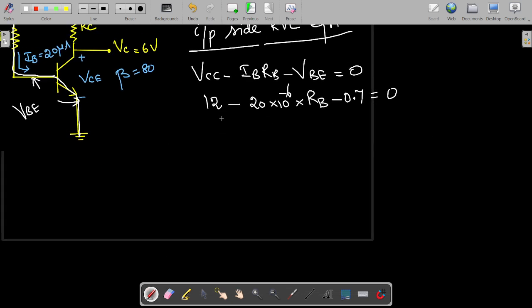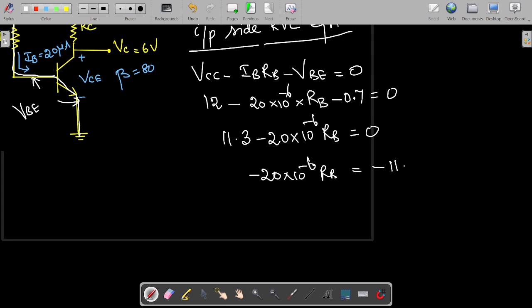So I can write it like 12 minus 0.7, so it is 11.3 minus 20 into 10 power minus 6 RB, that is equal to 0. So we can write it like minus 20 into 10 power minus 6 RB, that is equal to minus 11.3.